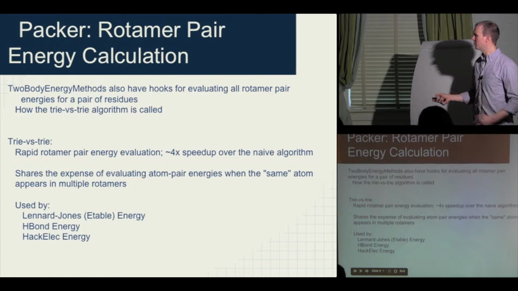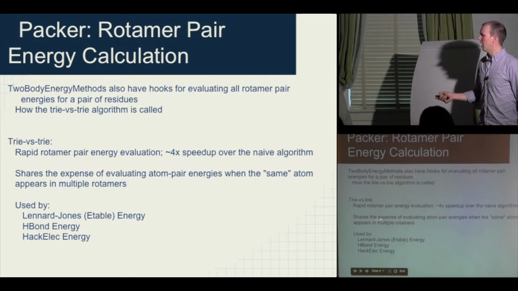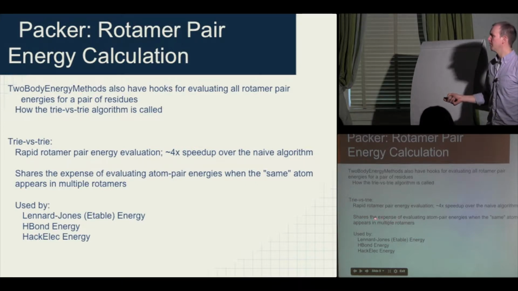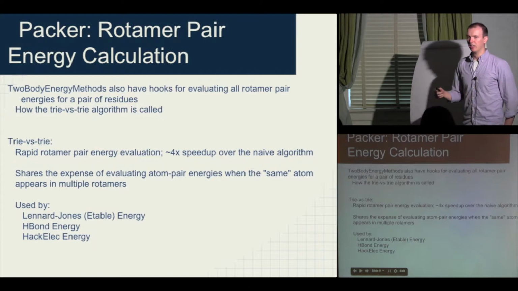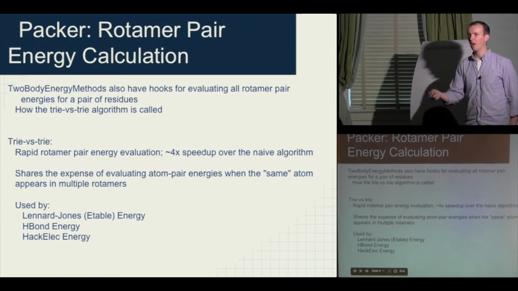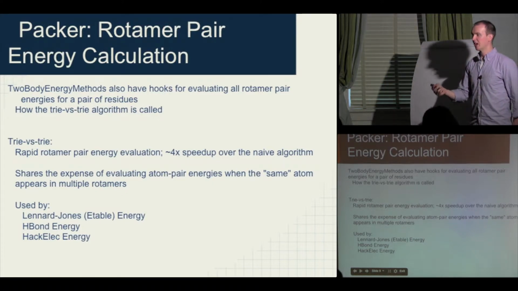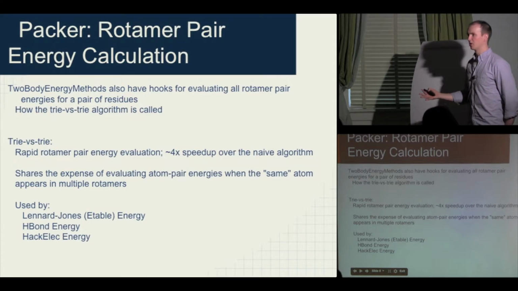The advantage of this algorithm is that it makes things faster, and the way it speeds things up is by sharing the expense. If you have two atom pairs that appear in multiple rotamers, then you can compute the atom pair interaction energy once and reuse it for multiple pairs of rotamers.